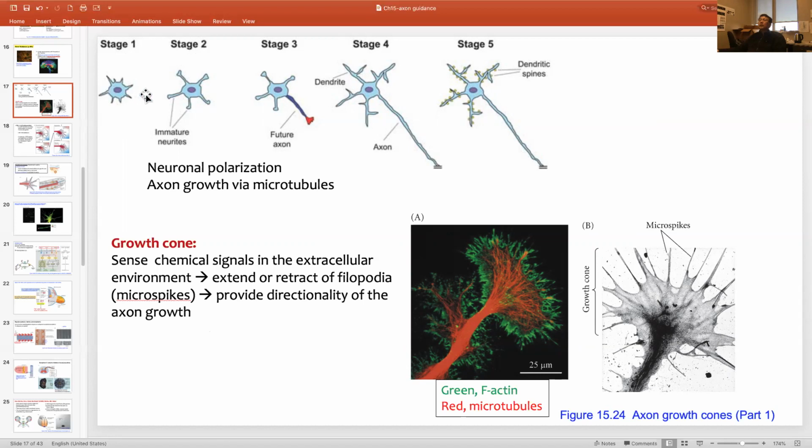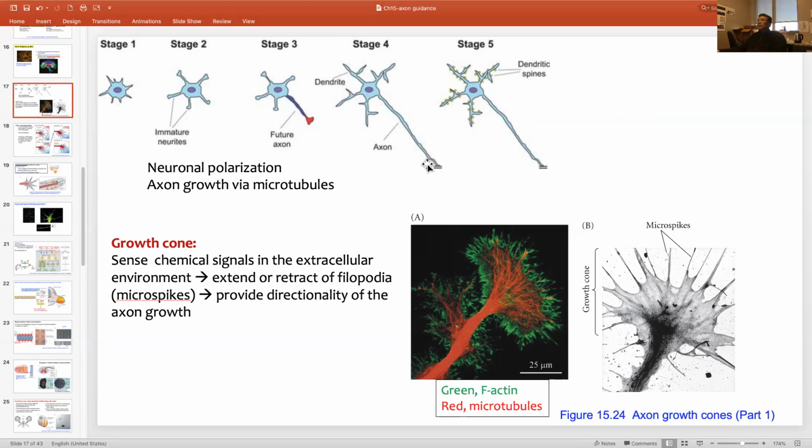At stage 2, it gradually generates cytoplasmic extensions called neurites. These are all immature neurites. Then one of these neurites is determined to be the axon, and the others will develop into dendrites. This axon will grow and grow to find the appropriate target. That is the first part of this lecture.